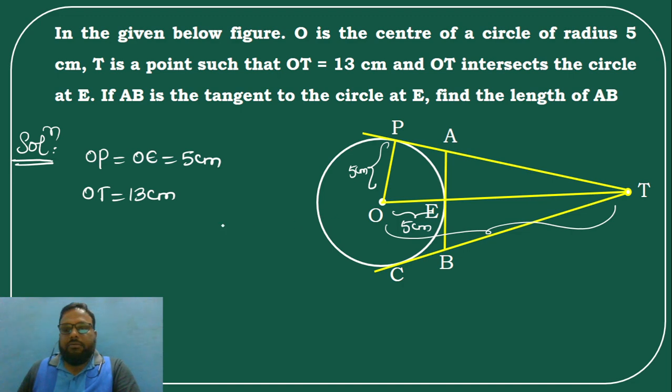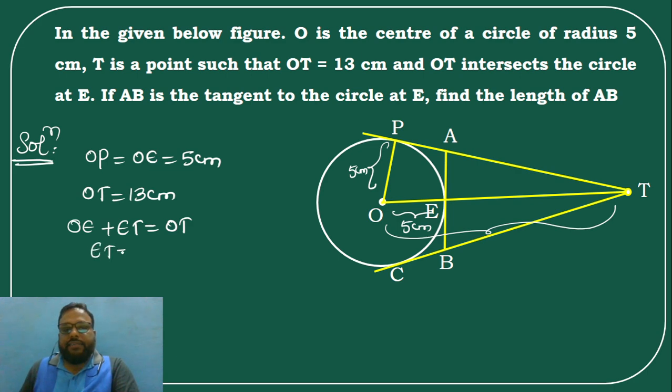Now if you check this properly, OT is a combination of OE and ET. So I can write OE plus ET is equal to OT. OE is 5 and OT is 13.